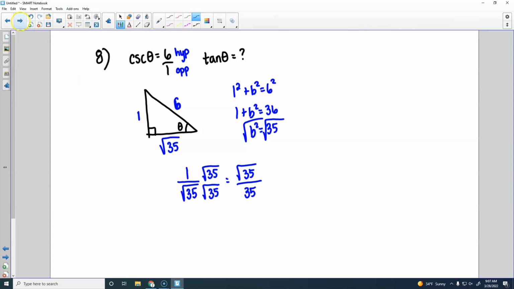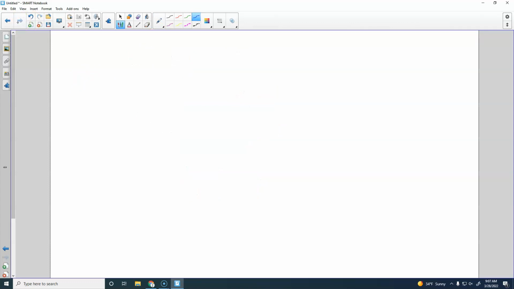Okay, so let's talk about solving triangles. Just really quickly, this should hopefully be a quick review. Just to remind you, first of all, it doesn't matter if you're using our calculators or Desmos, the default on those is radians. However, everything I'm giving you right now is going to be in degrees.